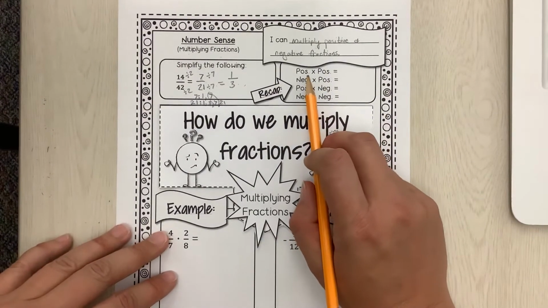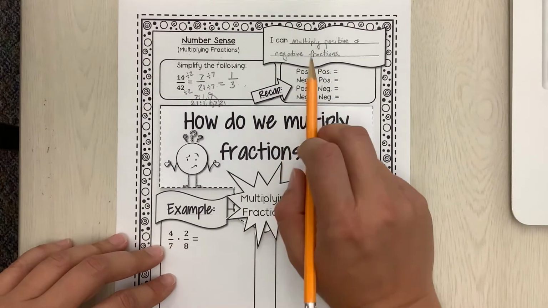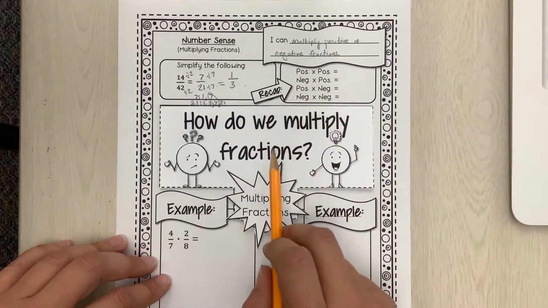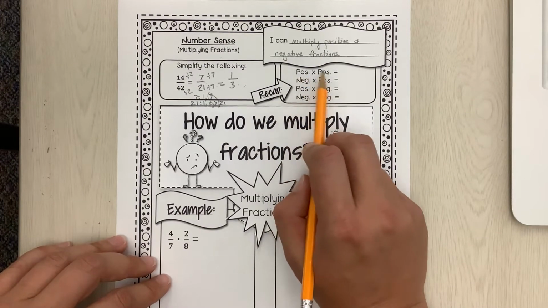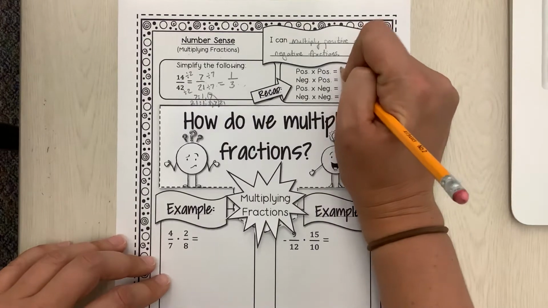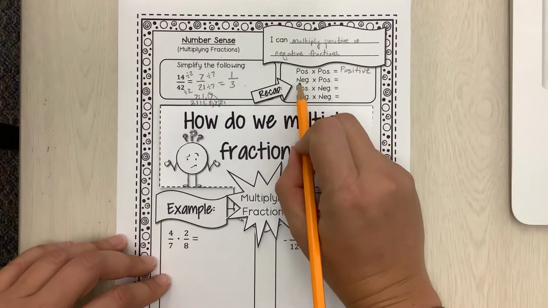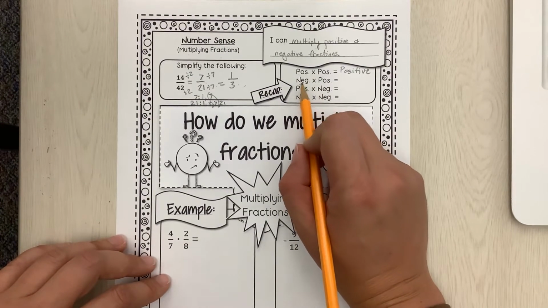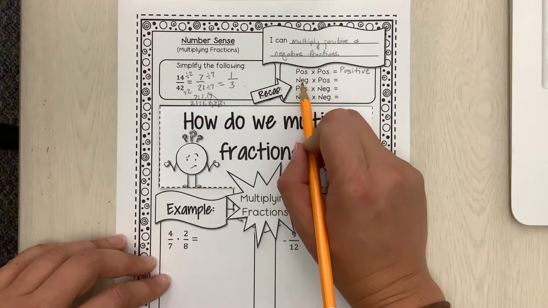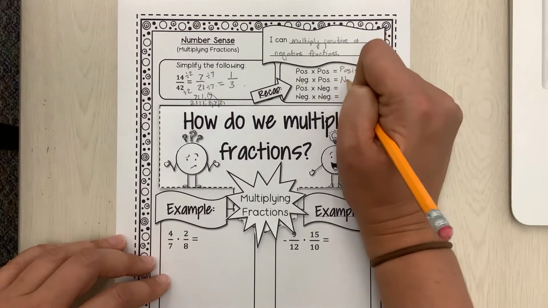All right, so let's look over here. Let's recap our rules for multiplying with symbols, whether it's positive or negative. When we have two positives, there are no negatives there, so it's definitely going to stay positive. If we have a negative times a positive, there's one negative, which is an odd number of negatives, which means it's going to be negative.